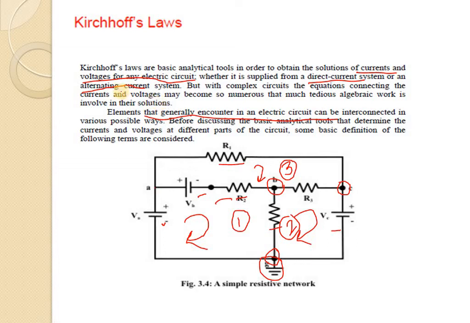So if we consider this loop, suppose A, B, C, G, A, this loop is a combination of 2 separate loops, 1 and 2. That means this is not a mesh. This is a loop, but this loop includes 2 other loops. So this is not a mesh. But if we consider A, B, G, A, this is an individual loop where no other loops are present. That means this is a mesh.